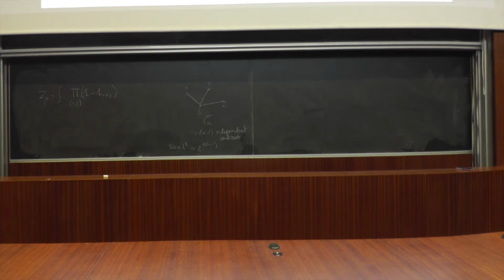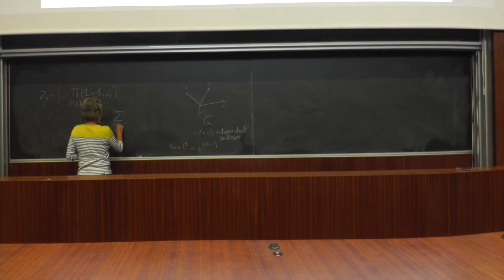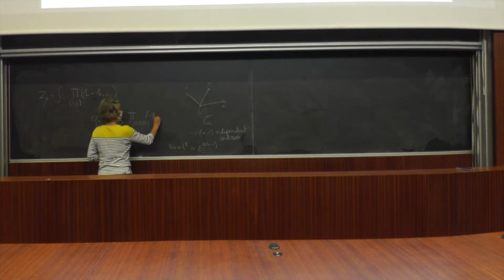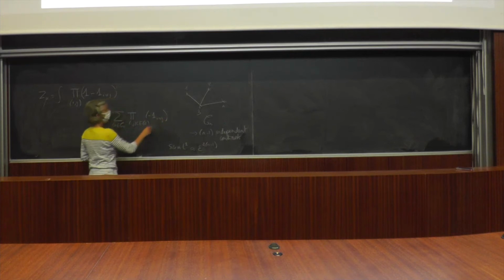So I start from this definition. Phi n, if you remember, maybe I should write it, is defined with a sum over all possible connected graphs, the product over ij, which is an edge of G, of minus this indicator function.